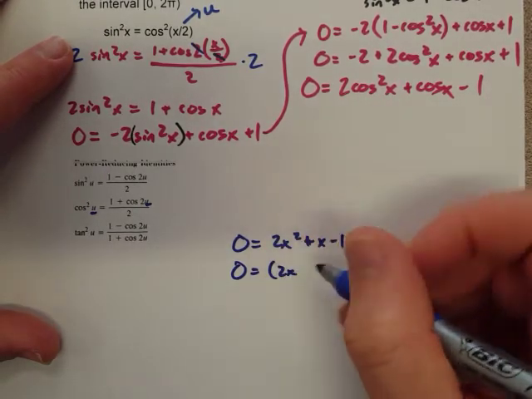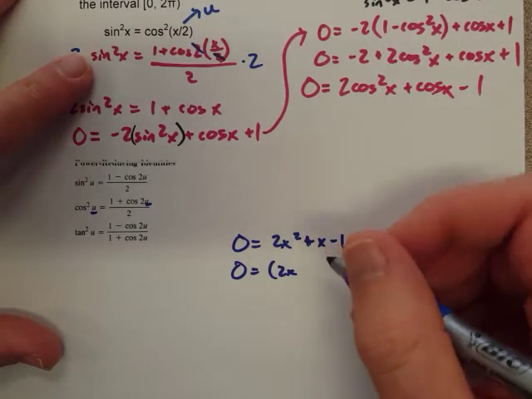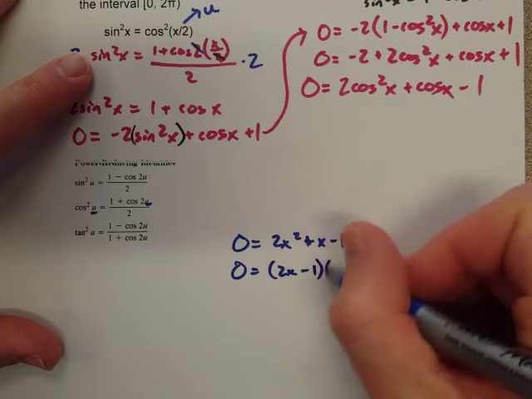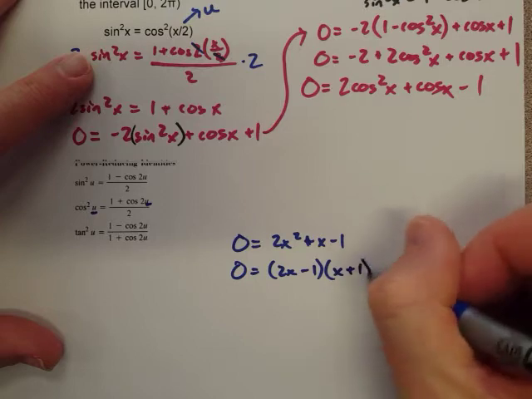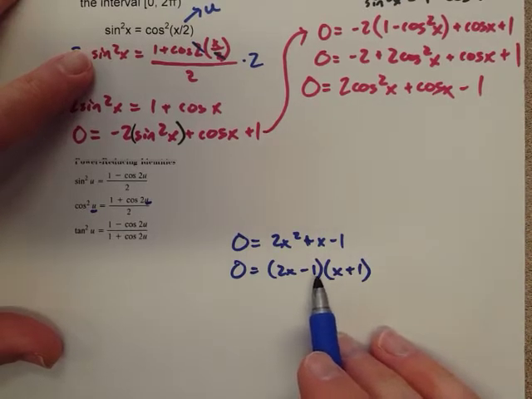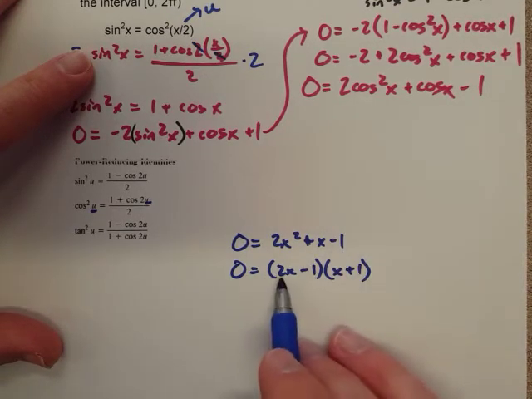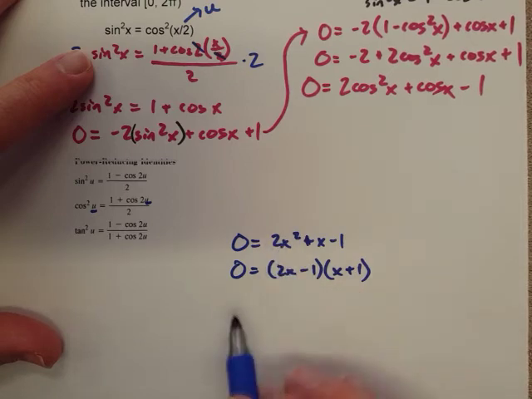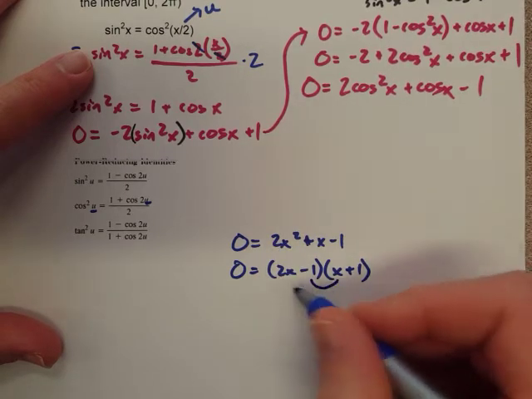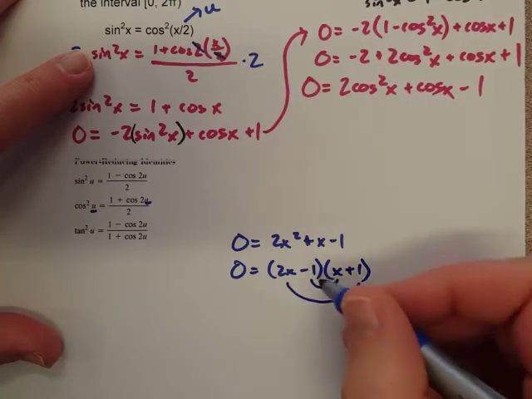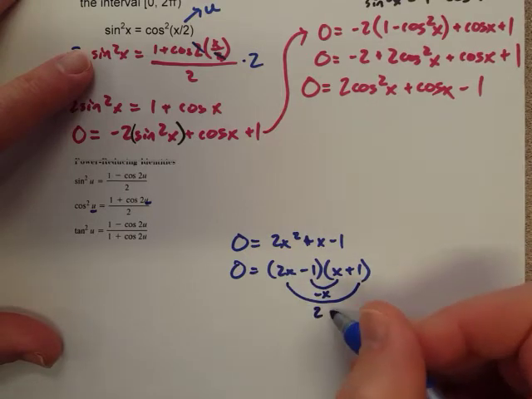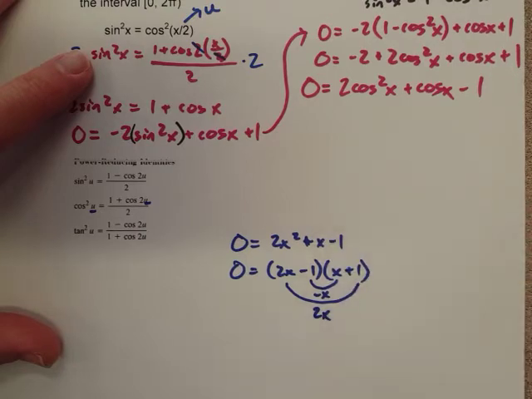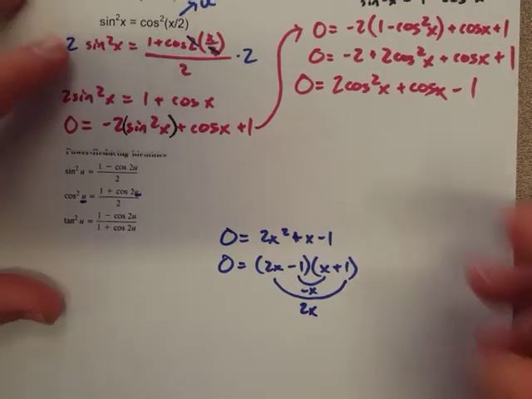It would be 2x minus 1 and x plus 1. Because -1 times 1 is -1, 2x times x is 2x squared, and then if you do the inside and the outside of FOIL, we get -x and 2x times 1 is 2x, and so that makes a positive x in the middle, so that's the correct pattern.